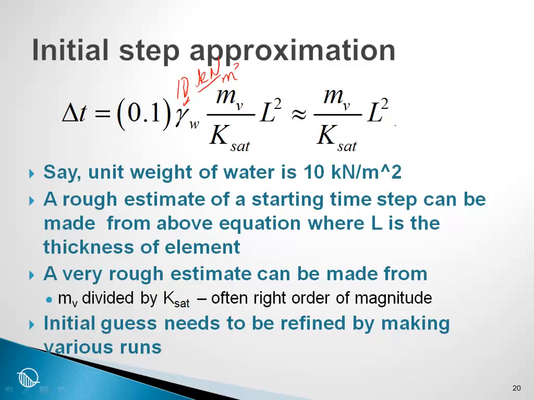So this equation gives us an opportunity to make a rough estimate of a starting time, where L is the thickness of the element. Even more simply, a very rough estimate can be made from m sub v divided by k sat. This sometimes puts us in the right order of magnitude, but it is useful to make an initial guess. In the end, the initial guess that we get from this equation needs to be refined by making various runs.